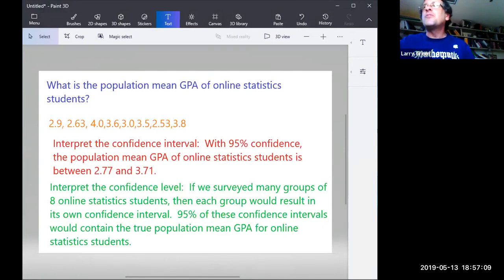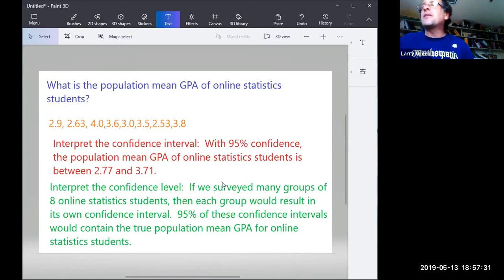Between 44% and 50% of all Americans would vote for a socialist for president. Okay, so that's interpreting the confidence interval.